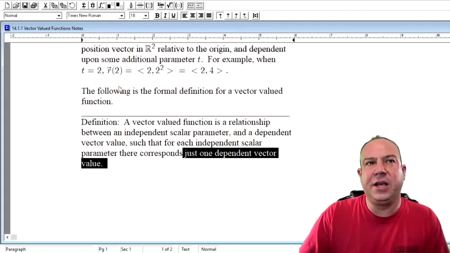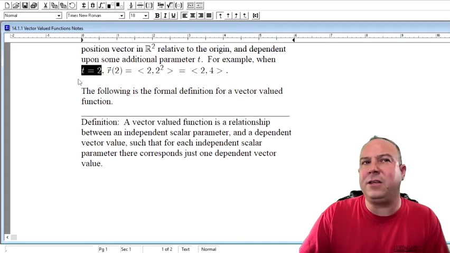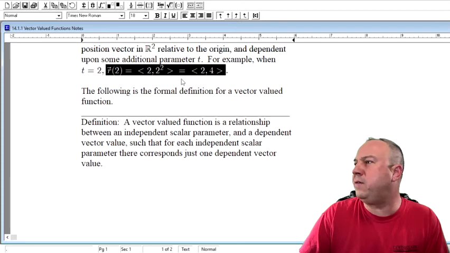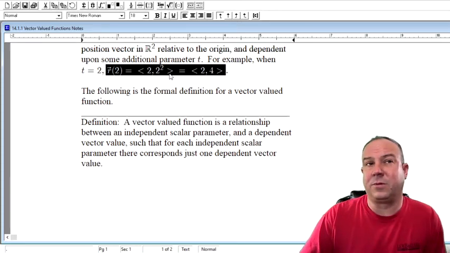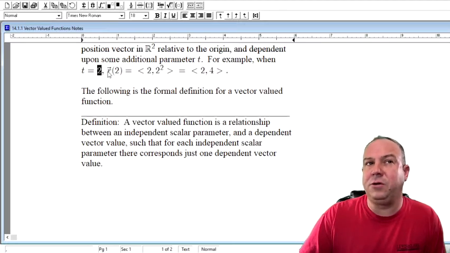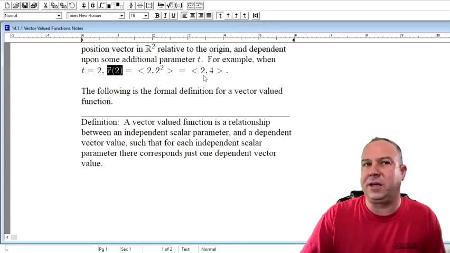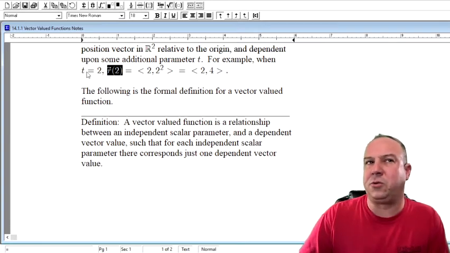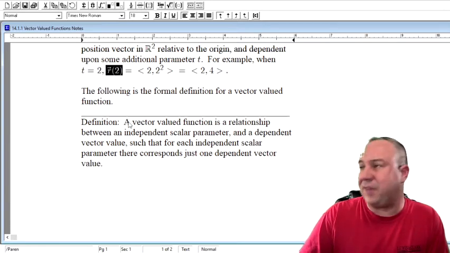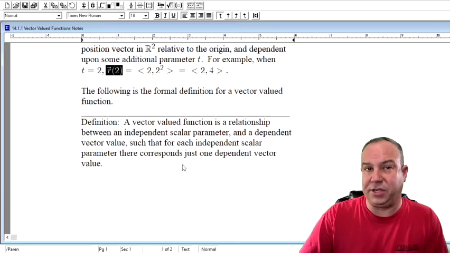For each independent value of the parameter t, there corresponds just one value of the vector valued function, r bar of t. In this case, for the value of t equal to 2, there was only one location that was illustrated in our space, illustrating this functional relationship between the parameter t and this vector valued function r bar of t.